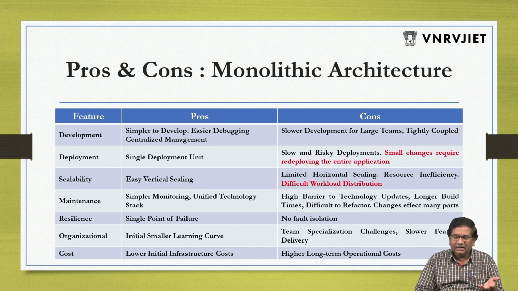That makes feature delivery slower. The cost: initially it is less, but long term there are going to be a lot of operational costs in maintenance. A small bug fix in the business layer may have repercussions on the front end as well as the back end, because they're all connected together.